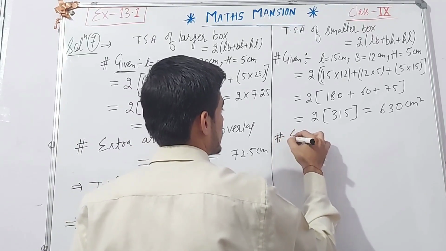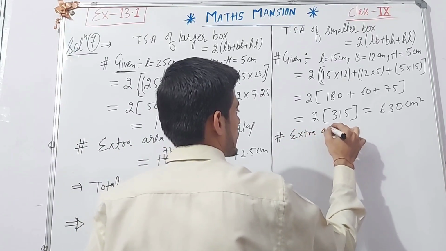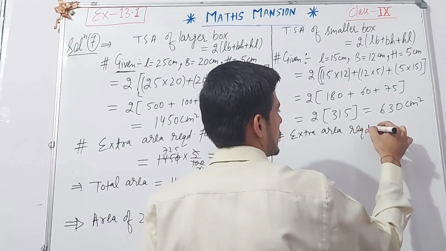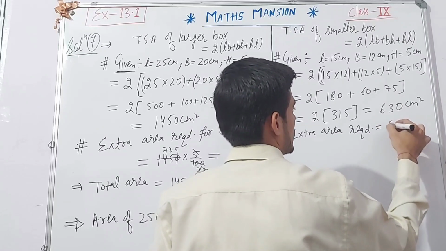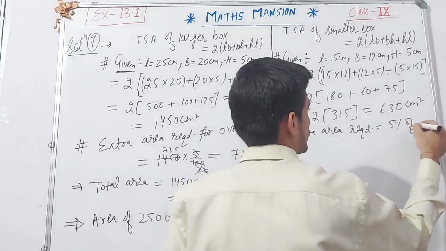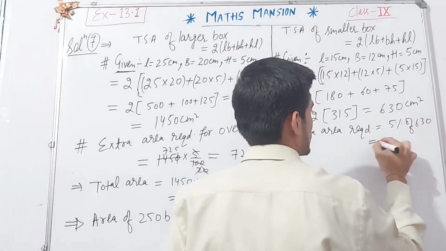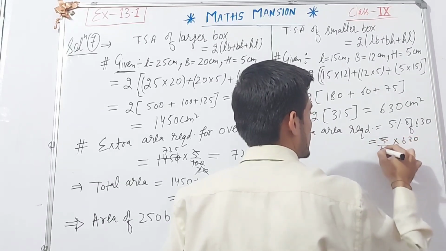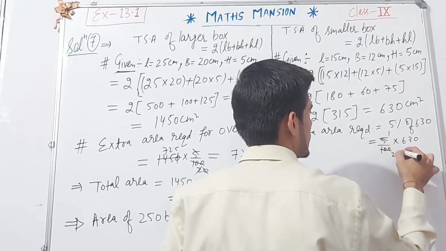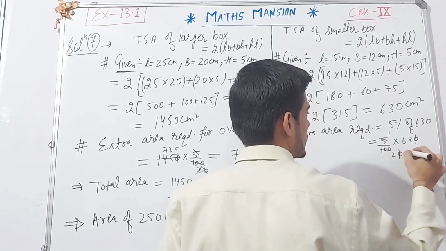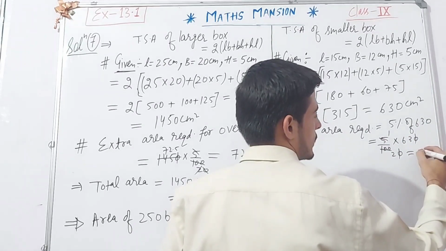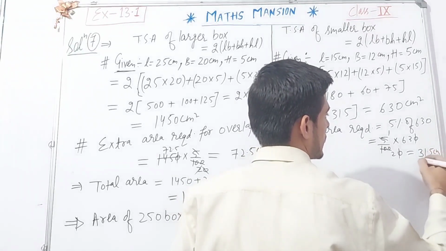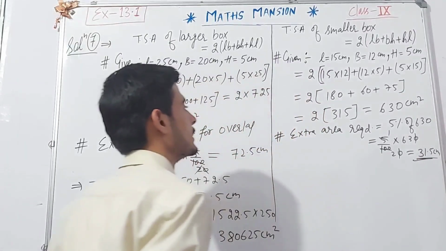So the extra area required is equal to 5% of 630, means 5 upon 100 into 630. It can be reduced to 1 upon 20, 0 and 0 will be cancelled, and we will get 31.5 centimeter square as the extra area.